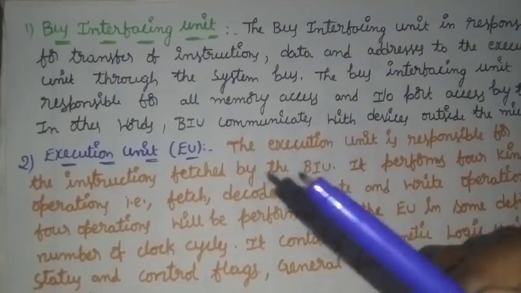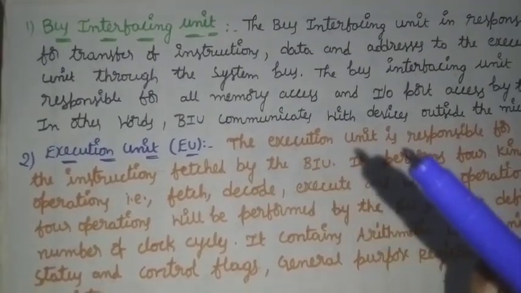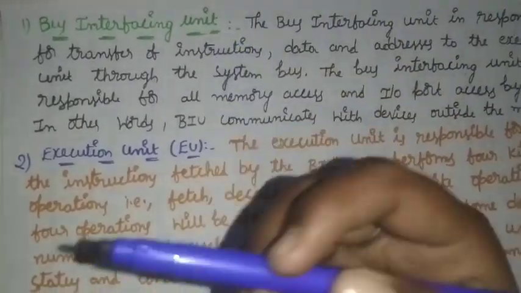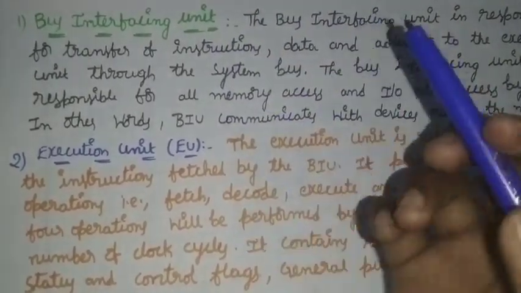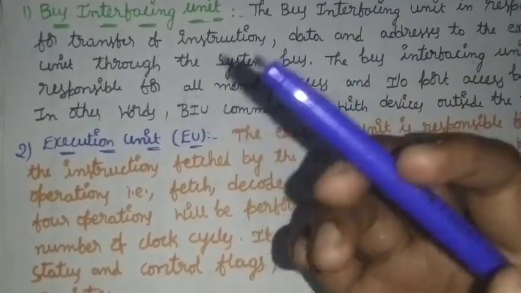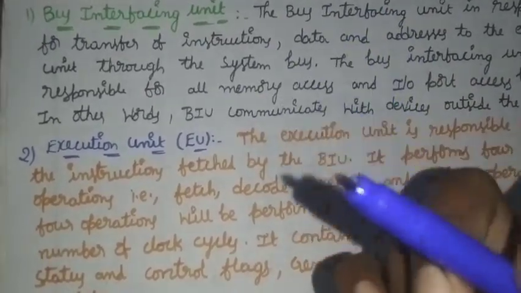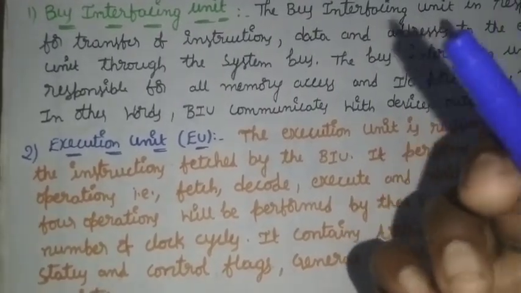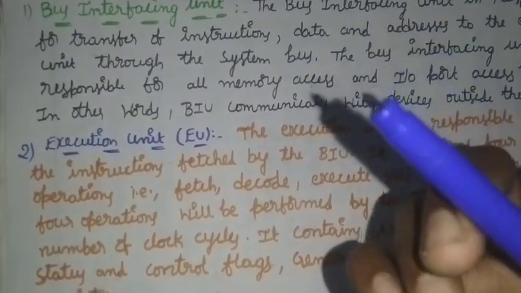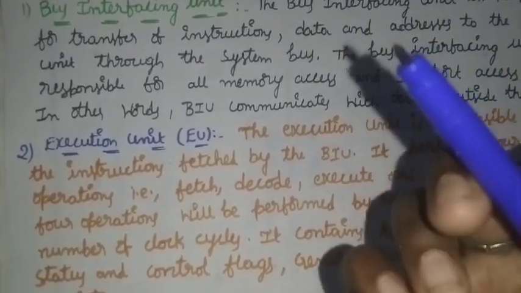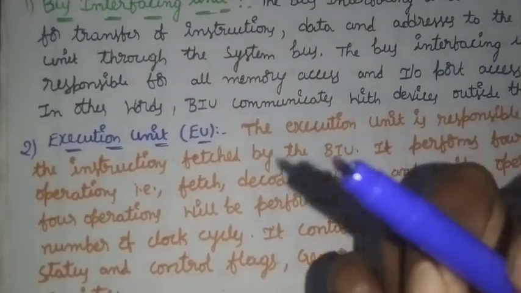The bus interfacing unit is used for transfer of instructions, data and address to the execution unit. It is also responsible for memory access and input output access. That is, if you connect any external device to the 8086 microprocessor, then with the help of the bus interfacing unit it can be accessed, and it is used for memory access and input output port access.